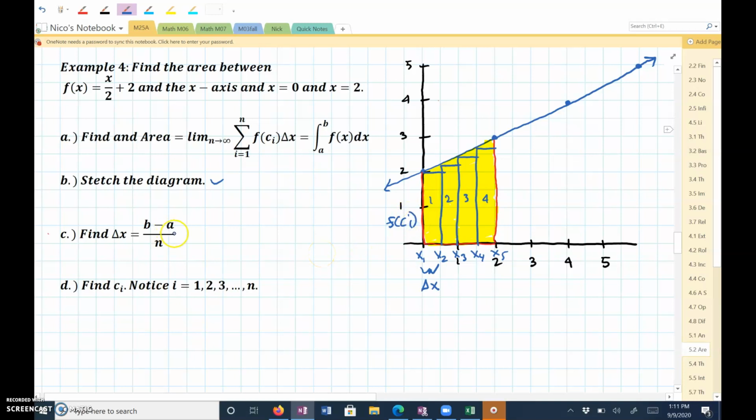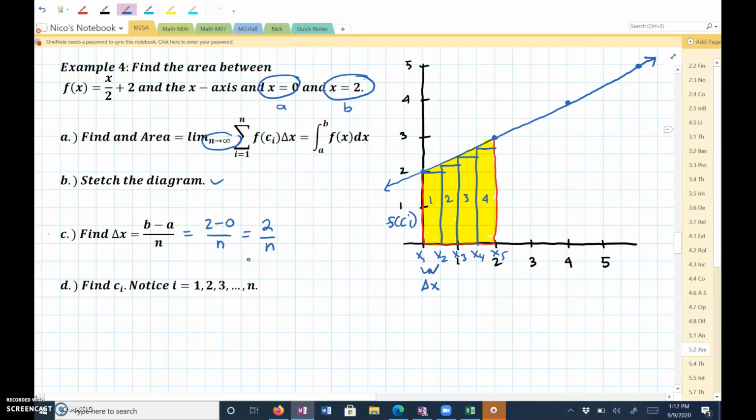Okay? So to find delta x, we're going to take b minus a, so 2 minus 0 all over n. We're going to make n go to infinity, so I'm just going to leave it as n. So this would be 2 over n.